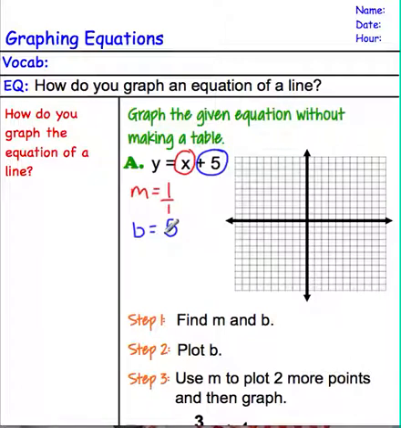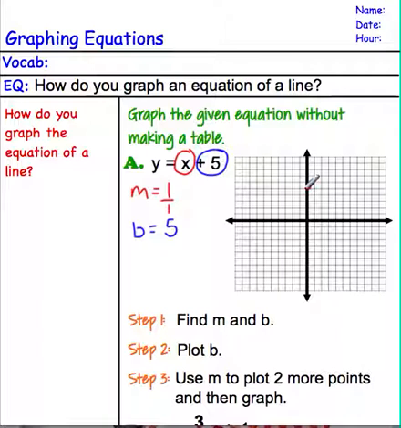Then, going according to our steps, I am going to plot our points, and I'm going to start with that plus 5 of our y-intercept. So I'm going to count up on the y-axis 1, 2, 3, 4, 5, and I'm going to make a point here of our y-intercept.